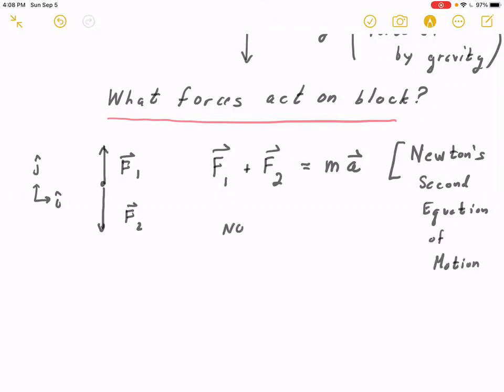Now there are no horizontal forces, sorry. There are no horizontal forces in this problem. There are no forces in the plus or minus i hat direction. There only are vertical forces.